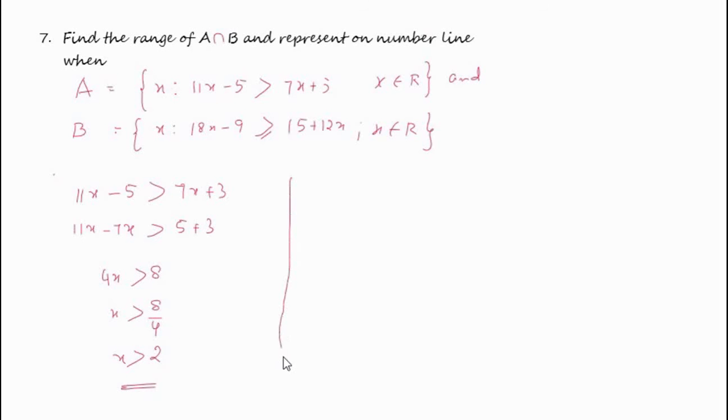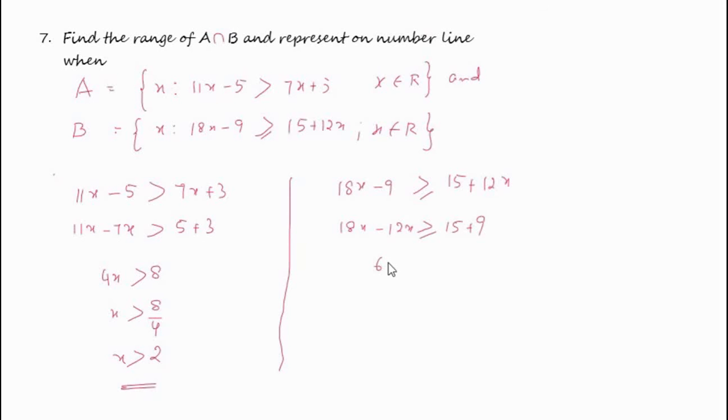Let us find the solution for linear inequation B. So linear inequation B is 18x minus 9 greater than or equal to 15 plus 12x. I'll bring 12x to the left side. So it is 18x minus 12x greater than or equal to 15 plus 9.